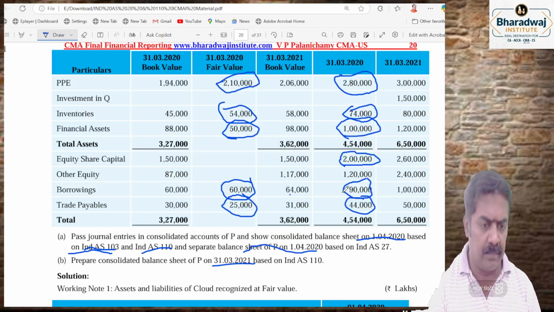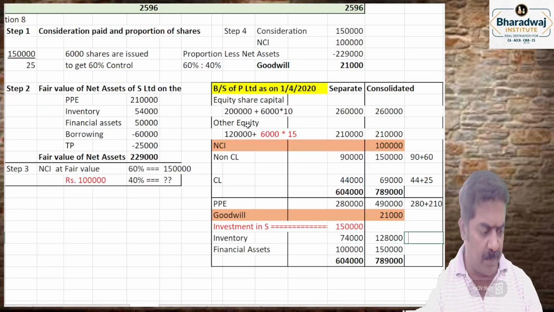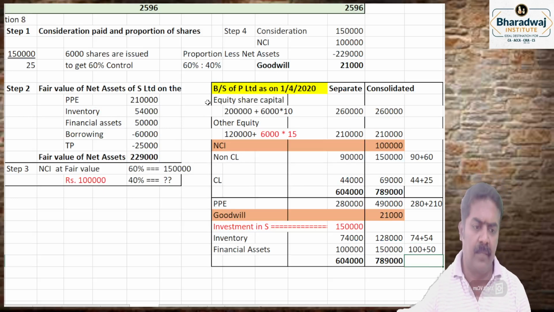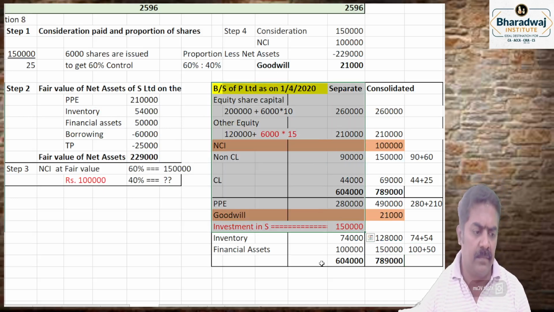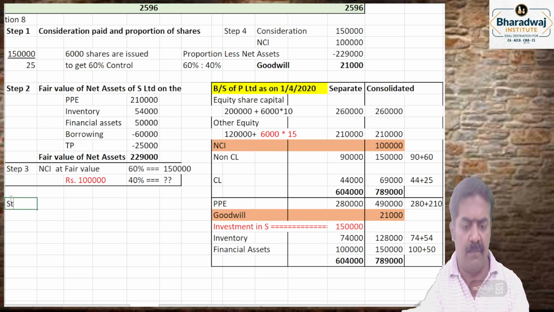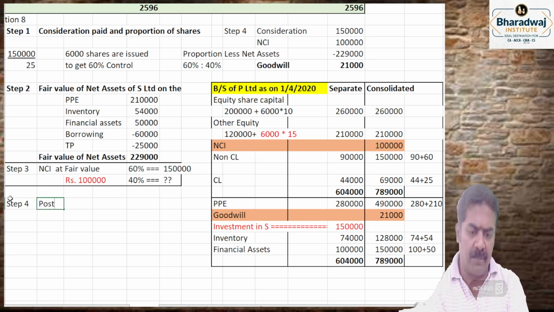Inventory 74 plus 54. Financial assets. This is at the beginning of the year. Then step 4 continues, which is step 5.